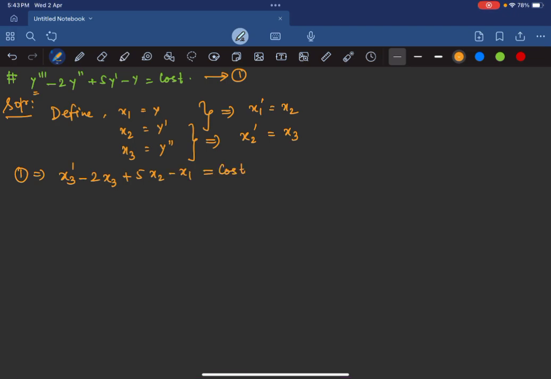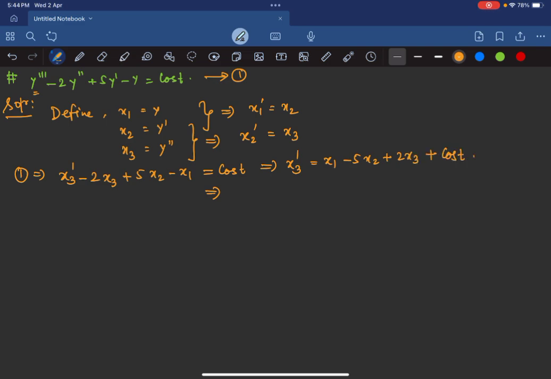So this you can write, that is x3 dash is the same as x1 minus 5x2 plus 2x3 plus cos t.